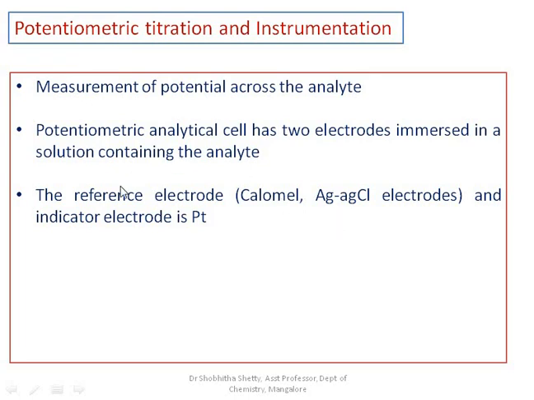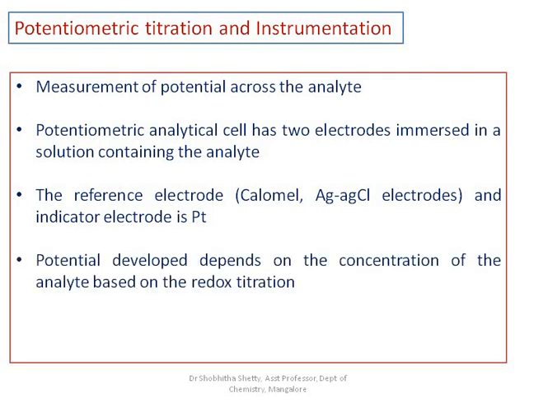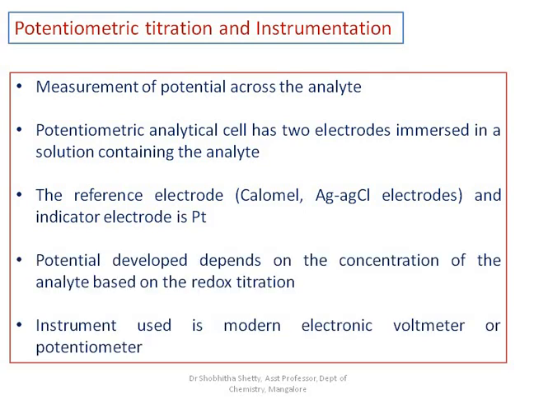Mainly the response of the electrode depends on the concentration of the analyte, that is the concentration of reduced species and oxidized species. This is the theory behind, as well as the instrumentation behind, potentiometric titration.